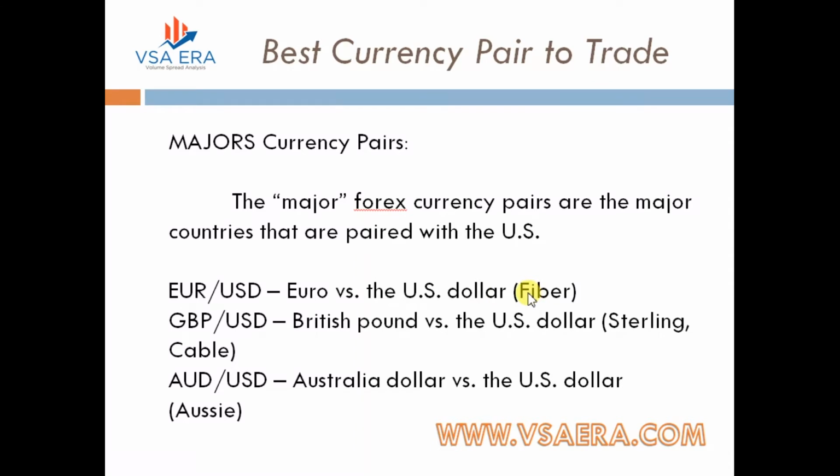Short name is Fiber. British pound with US dollar is Cable. Short name is Cable, and we can also say Pound or Pound USD, GBP/USD. Third one is AUD/USD. We can also call it shortly Aussie, Australian dollar versus USD, AUD/USD.